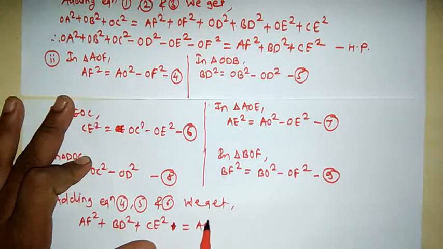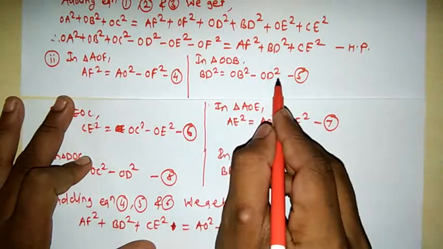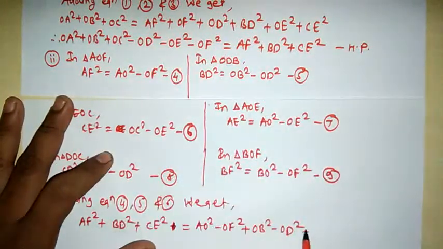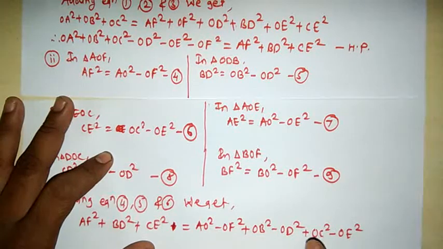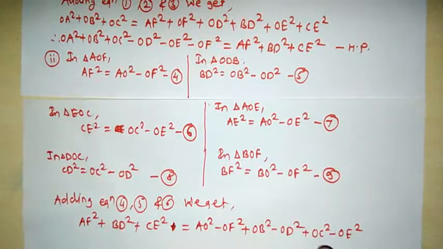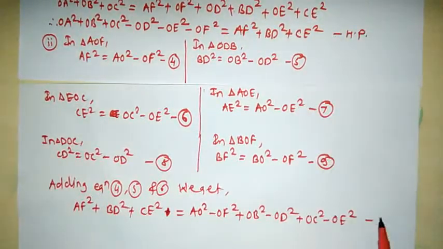AO square minus OF square plus OB square minus OD square plus OC square minus OE square. After adding, we get this much here. Mark it as equation number 10.